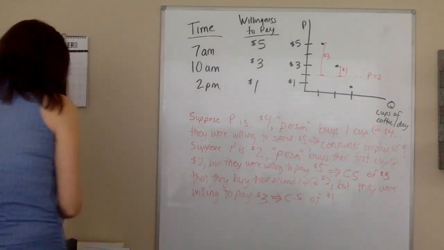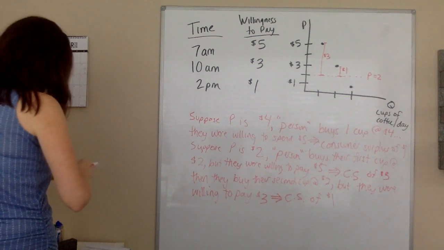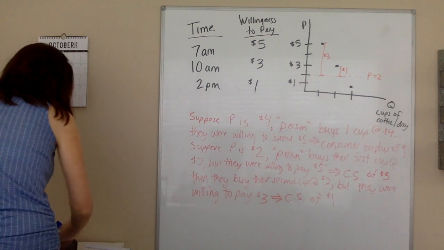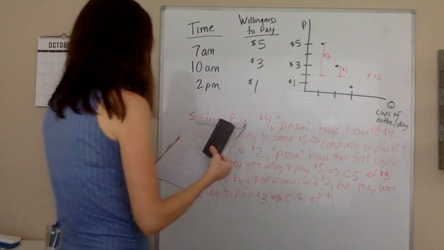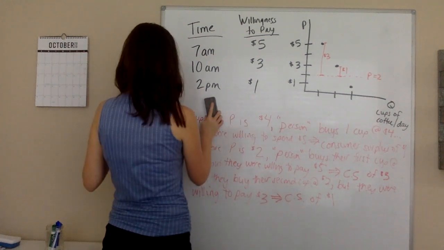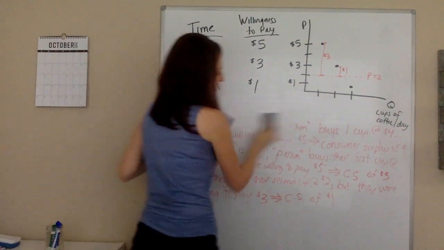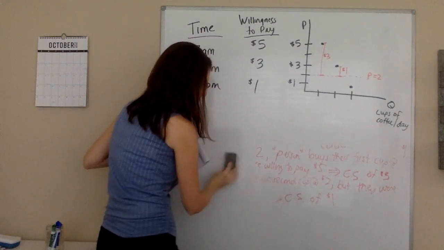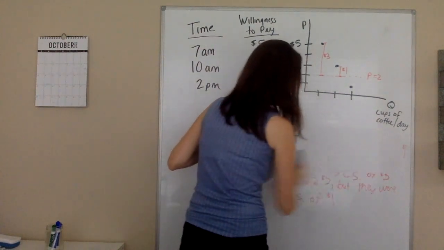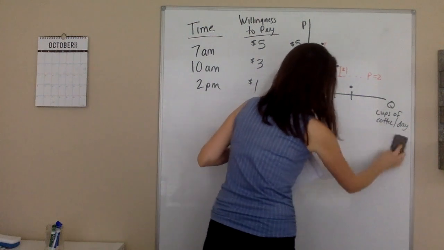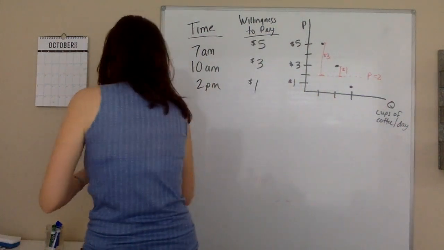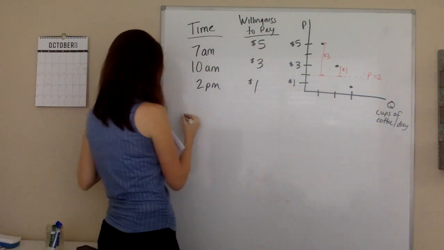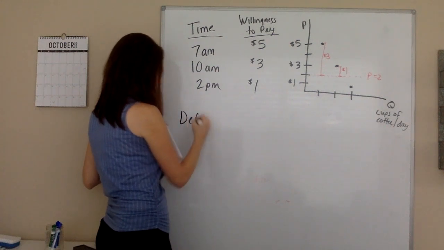Okay, this brings us to several definitions. So I'm going to erase and write, and then hopefully this will make sense. The first definition is just consumer surplus. We've already talked about it, so hopefully the intuition is clear in your mind, but let me just give you the official definition. We're going to have a couple definitions today, so I'm going to label this Def 1.